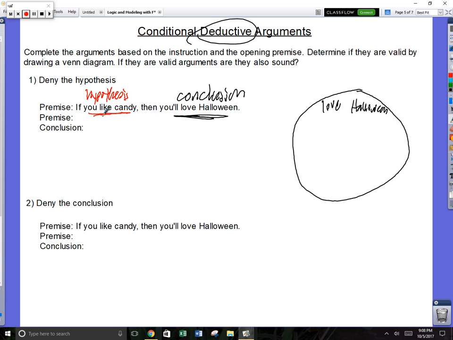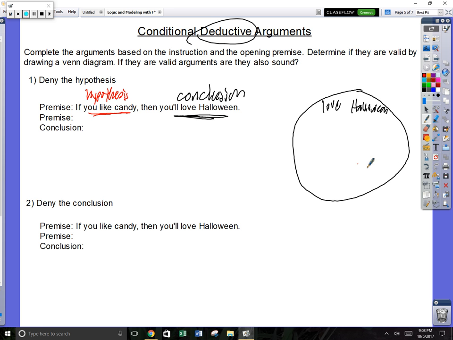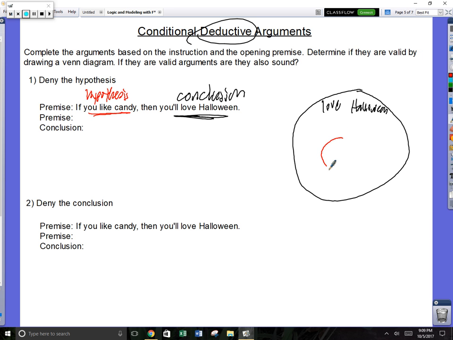The subset, there's going to be a group of people in this world who love Halloween, but something unique to them is they are going to like candy. So if you live in this candy world, you also live in a larger world where you love Halloween. So that's your Venn diagram. Your conclusion is always the larger set, and your hypothesis is the smaller subset.